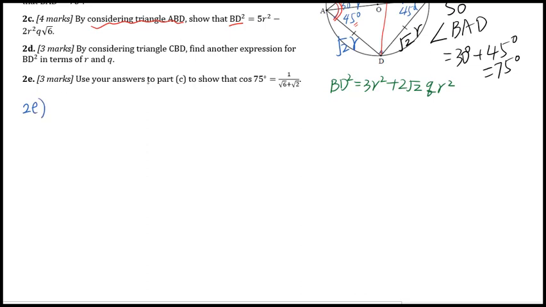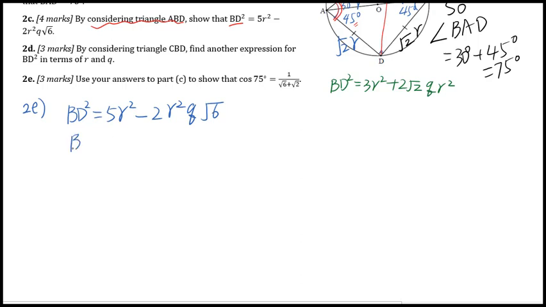Let's go to 2e. Use your answers to part C to show that cosine 75 degrees equals 1 over square root of 6 plus square root of 2. For 2C, we already got BD squared equals 5R squared minus 2R squared q times the square root of 6.